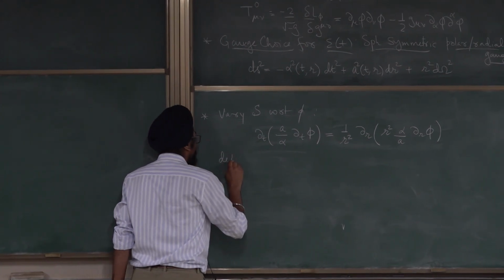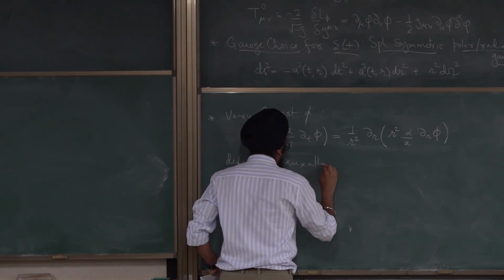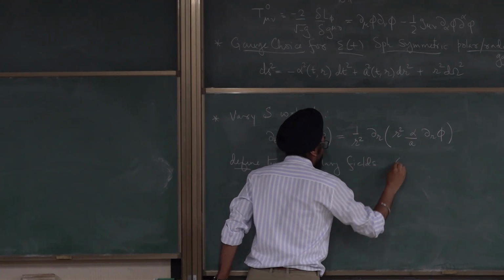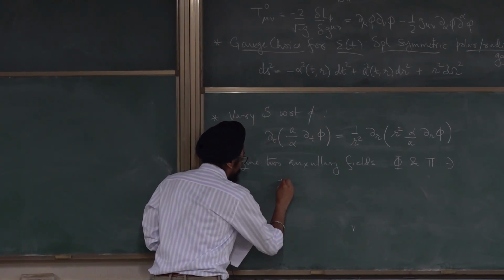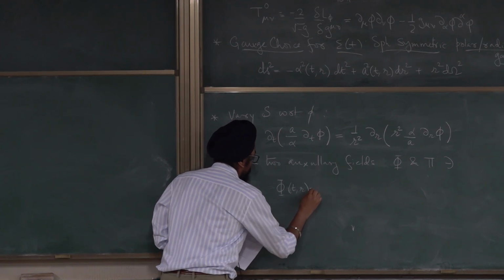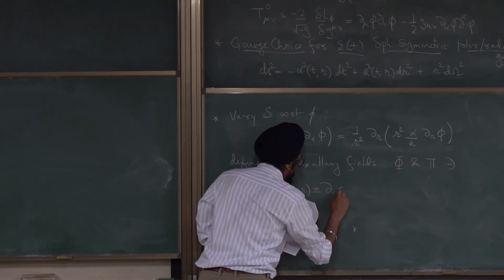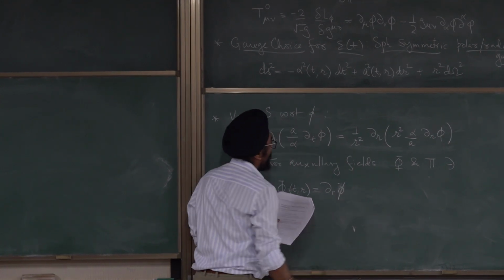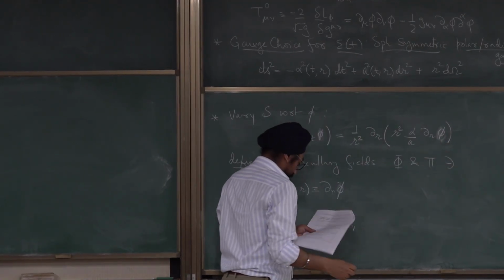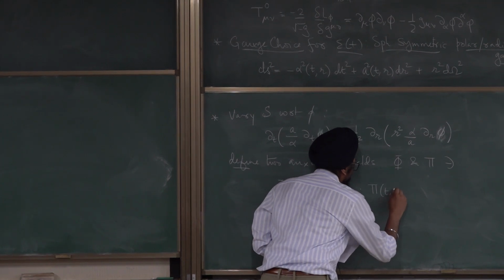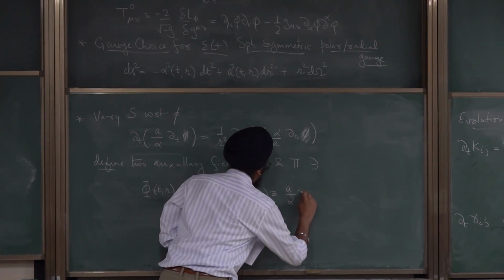So you define two auxiliary fields, Phi and Pi, such that your capital Phi, which is also a function of t and r, is essentially del_r phi. And Pi(t, r) is a by alpha del_t phi.